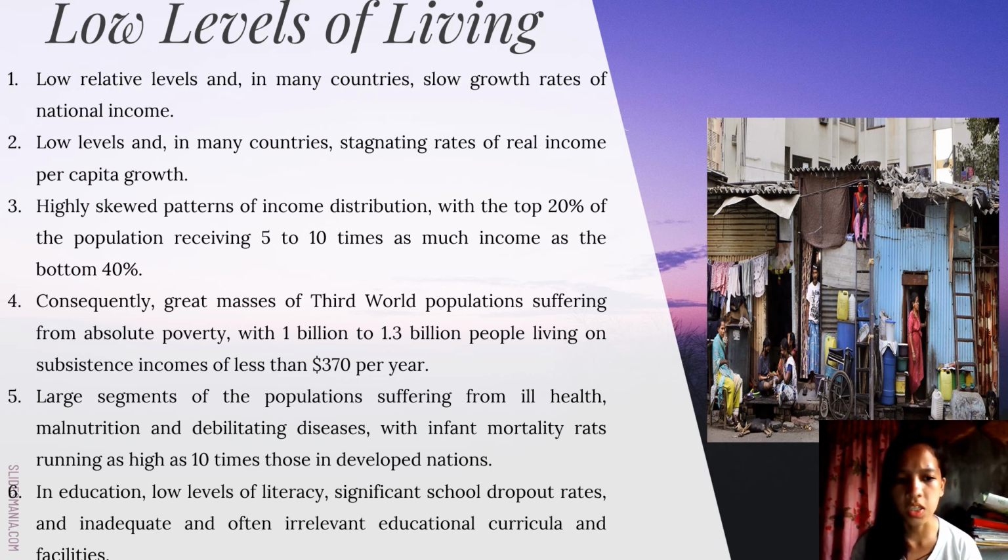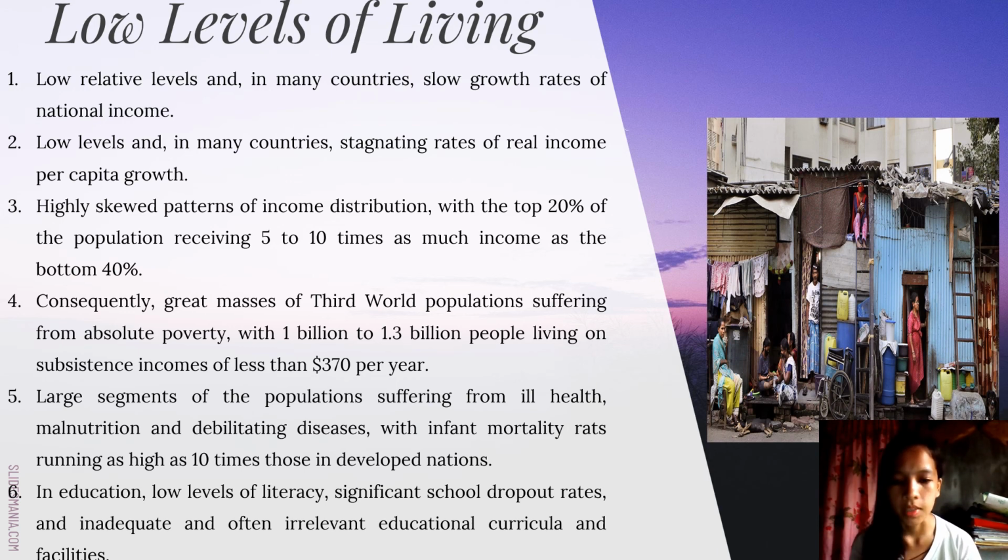Fourth, consequently, great masses of third world population suffering from absolute poverty, with 1 billion to 1.3 billion people living on subsistence income of less than $370 per year. Fifth, large segments of the population suffering from ill health, malnutrition, and debilitating diseases, with infant mortality rates running as high as 10 times those in developed nations.